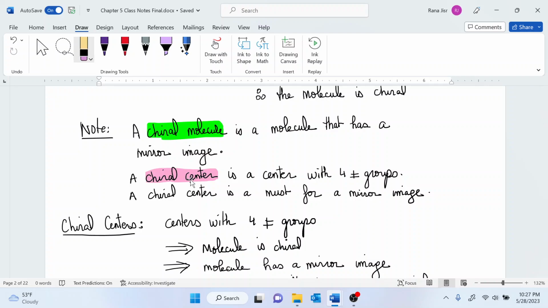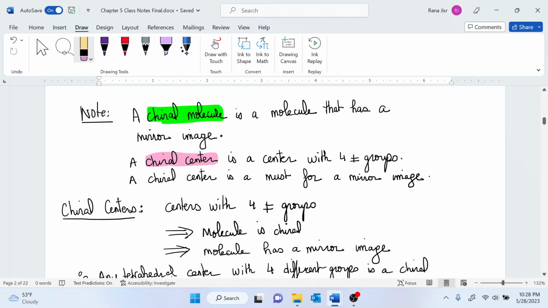On the other hand, not every molecule that has a chiral center has a mirror image. We defined a chiral center as an sp3 hybrid center that has four different groups. And there's a difference between a chiral center and a chiral molecule.